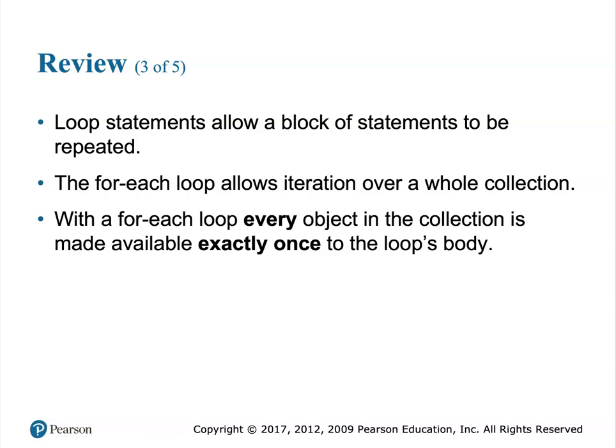A for each loop is going to look at each item in the collection once, and then we can do the sequence of steps that we need to for that item, for every item that exists in the collection. But it will grab every item from the collection once and exactly once, and that's good. That means that we're ensured that we're not going to get unnecessary or unintentional repetition, and also that the loop will end because every collection has to be finite because no computer has infinite memory.